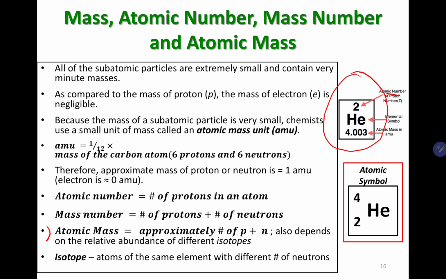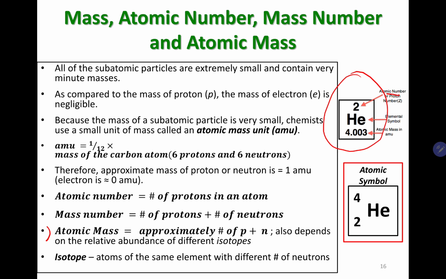Let's say we do that to our class. Our class might have skinnier people and bigger people, but to get the average mass of a student, we take the masses of every student and divide by the number of students. That is how you do the atomic mass, the average mass of an atom.